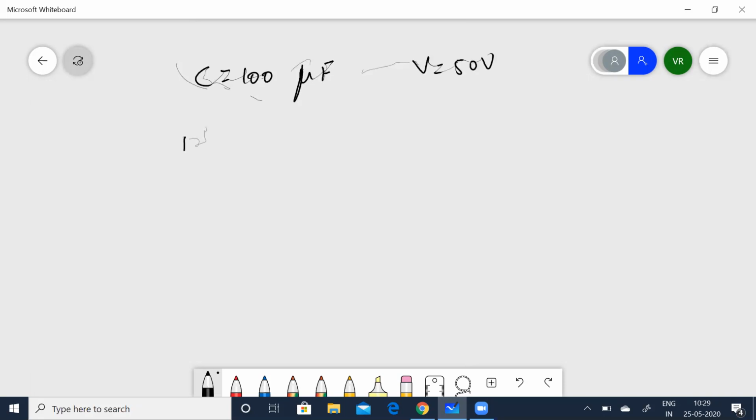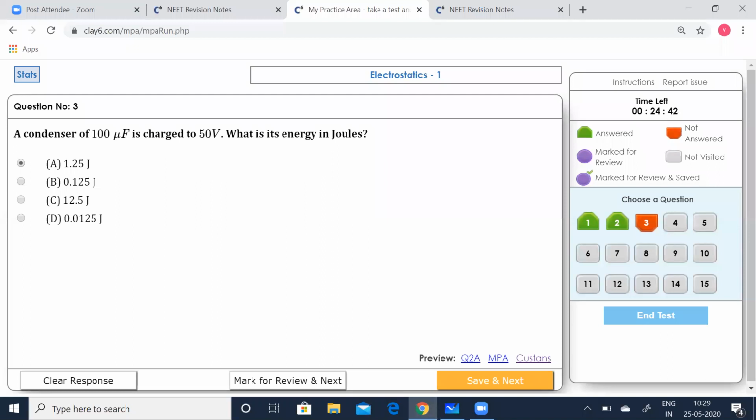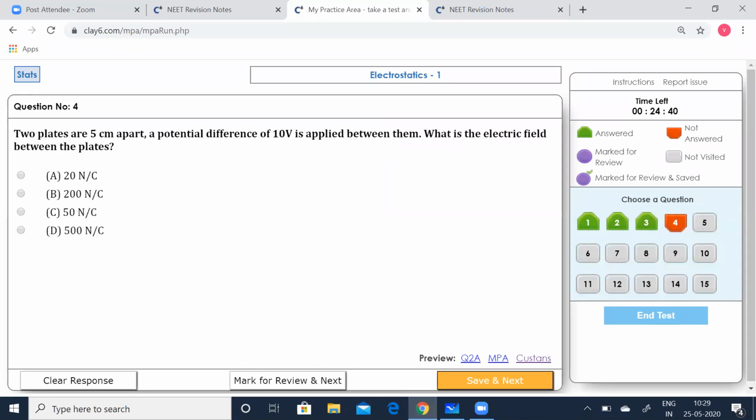So we can use the formula E is equal to half CV squared, which is equal to half into 100 into 50 times 50, which is equal to, when you simplify, you can see that it is now going to be 0.125 joules. So 0.125 joules, option A is correct. Click that, go to the next.